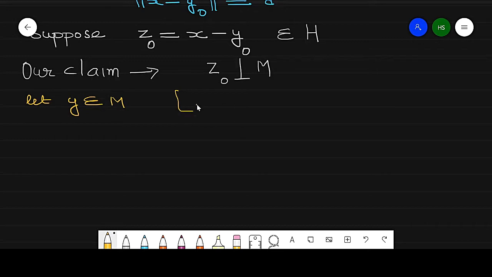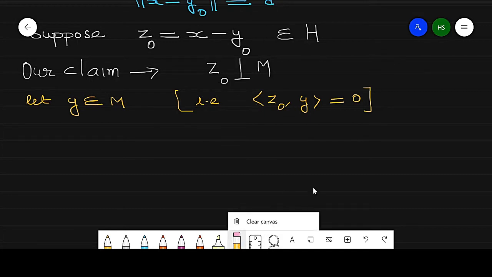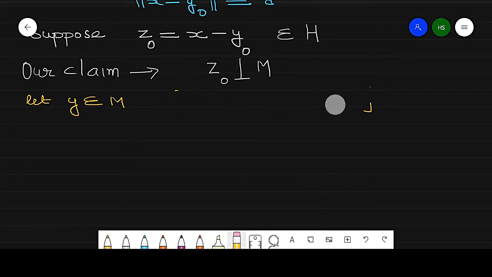Now to prove this, let y be some vector belonging to M. So what is my purpose? My purpose is that the inner product of z naught and y equals 0. So that is my aim to show my result. So I take y, and this y belongs to M. So my aim is to prove that the inner product of z naught comma y is equal to 0.